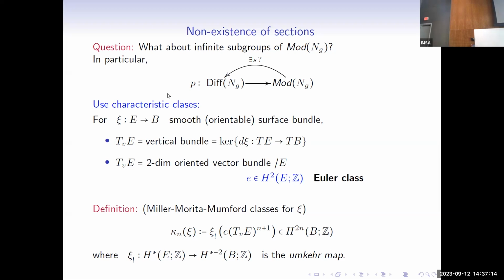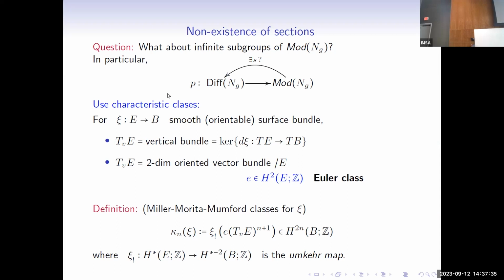Namely, you take the Euler class of the vertical bundle, raise it to the power n+1, and look at the image under the Gysin homomorphism. So that lands in H^{2n}(B), the cohomology of the base, right?